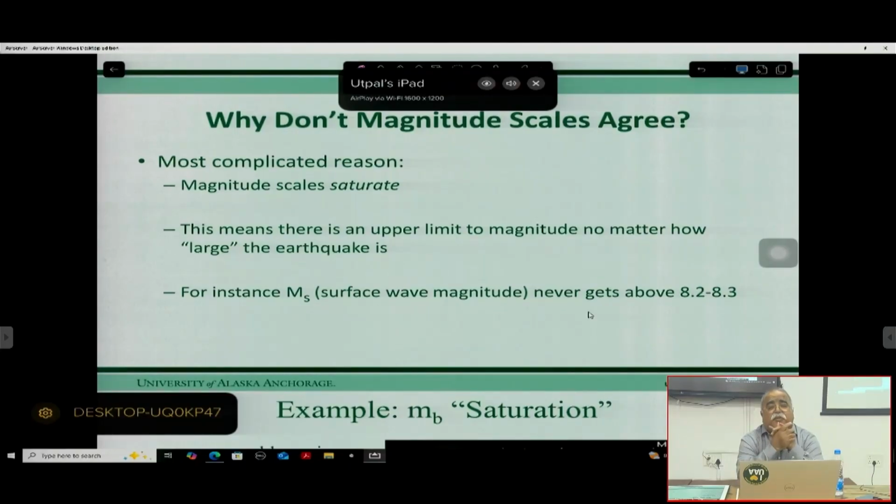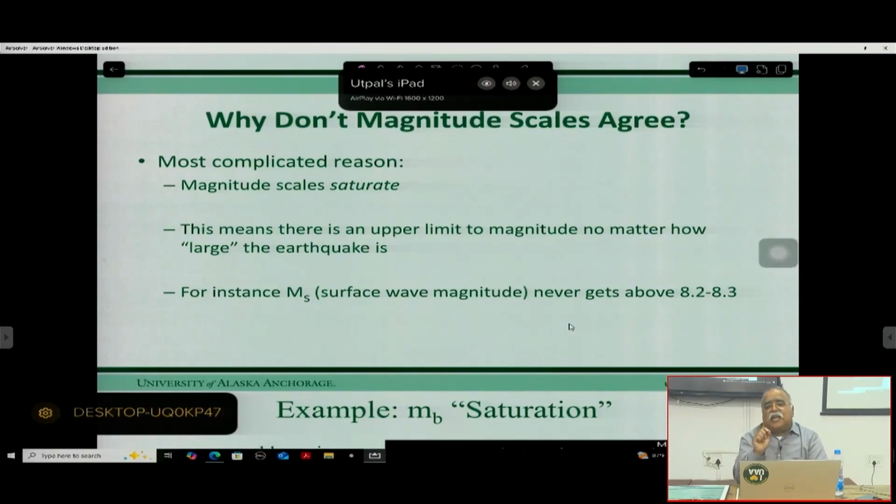Another observation which we like to understand is that the magnitude scale saturates. Saturated means that after a certain magnitude, even if the earthquake is bigger, the magnitude value remains the same. That magnitude is around 6.5 body magnitude.